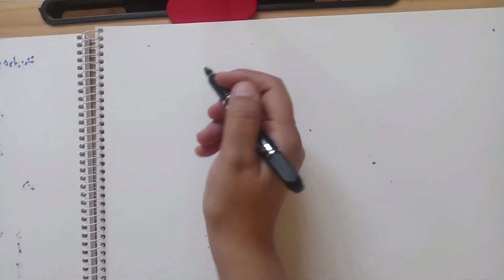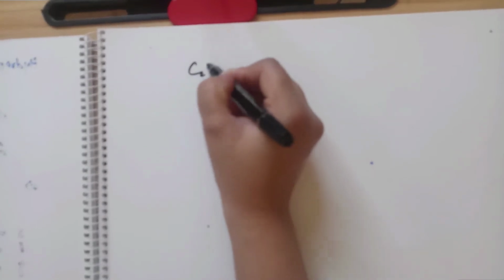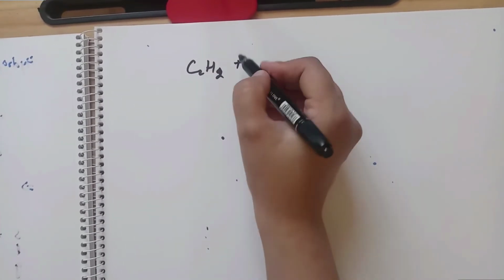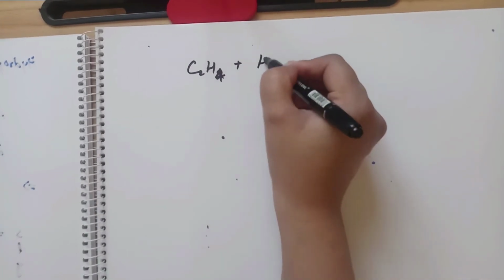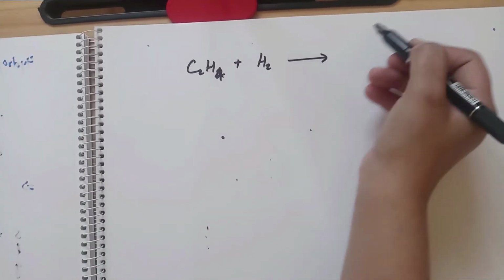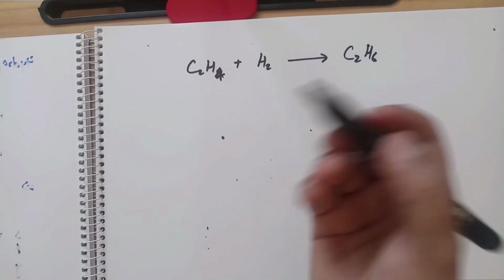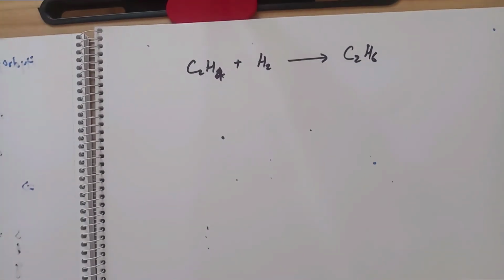For example, if we have a reaction like C2H2 plus H2 gives us C2H6. This is the hydrogenation process. So in this reaction we need some reaction conditions.